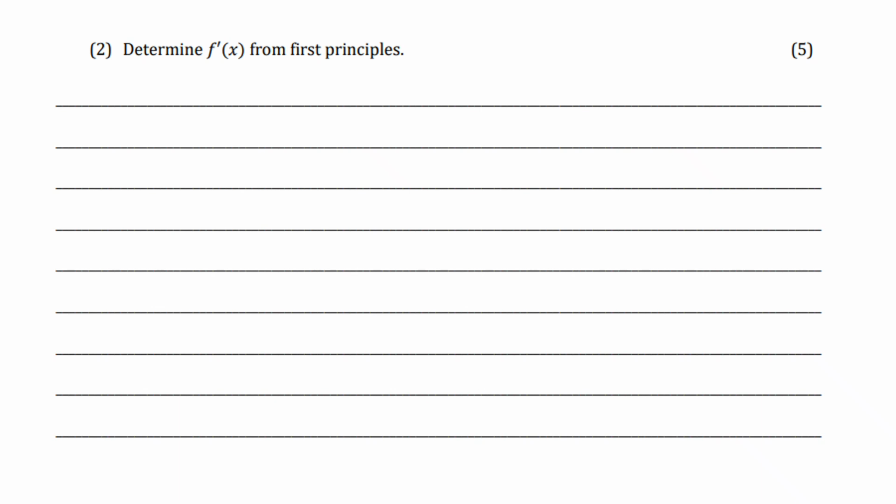They want us to determine f prime from first principles. Remember, we have f of x, which is just 1 over x, and they want us to find f prime. So if you still remember, the first principles definition says that f prime is equal to the limit as h approaches 0 of f of x plus h, subtract f of x, everything divided by h.